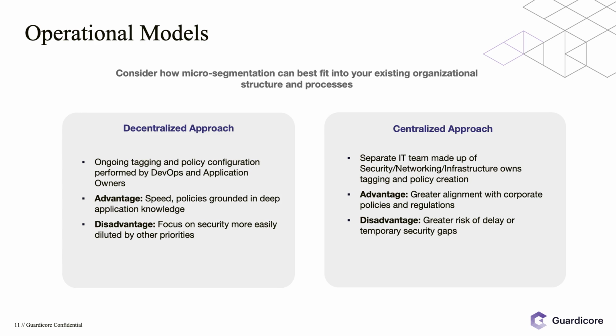This works well in organizations where speed is crucial and integration into the DevOps pipeline is most important. The disadvantage here is the focus on security and applying granular policies is often diluted by competing priorities. The governance body is then responsible for ensuring the appropriate policies are put in place on these applications throughout the microsegmentation lifecycle.